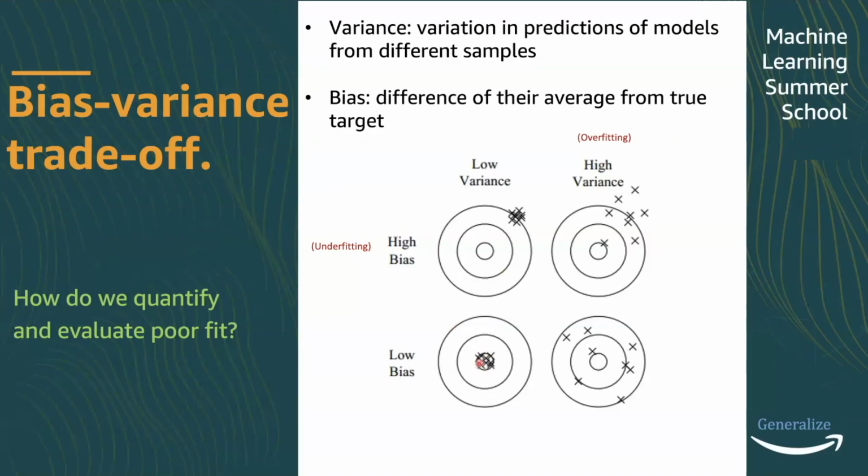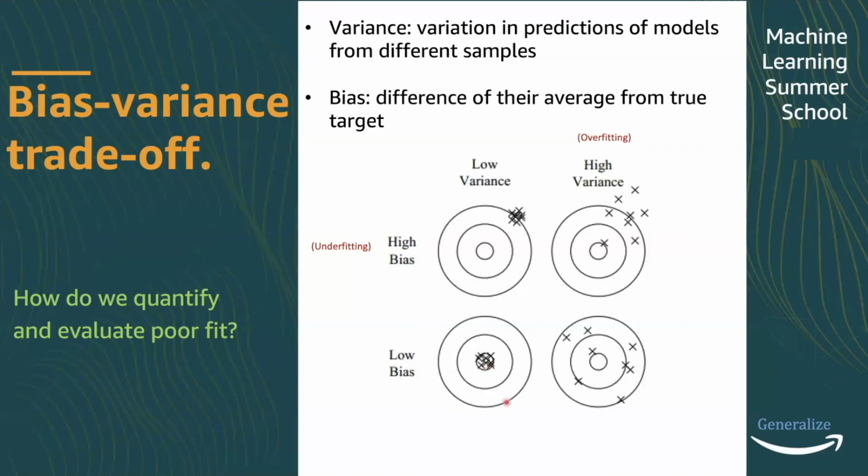The best case is you have these 10 estimates very neatly and tightly clustered together, and they are very close to the ground truth, which is the true value that you're trying to estimate. These concentric circles that you see are the distance from ground truth. At the center of these circles is the truth, and these crosses that you see are the estimates from your 10 different models.